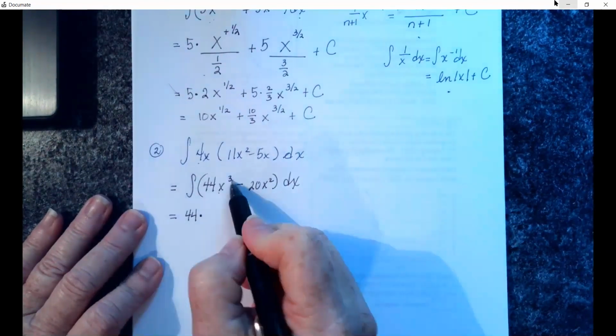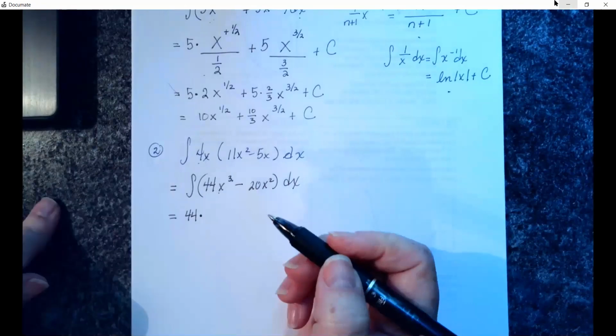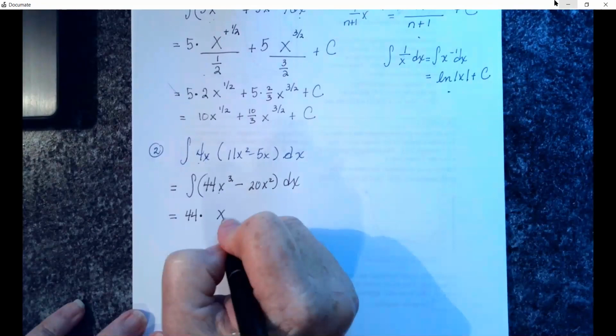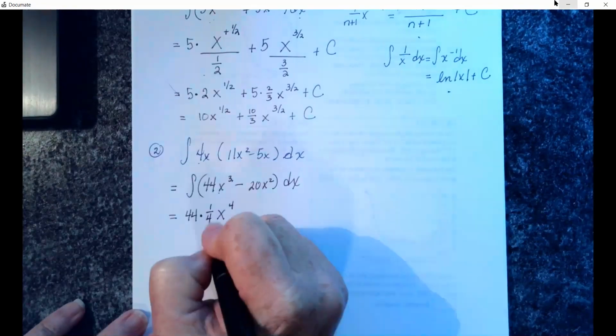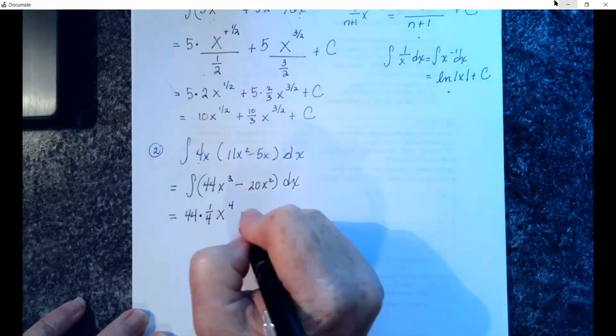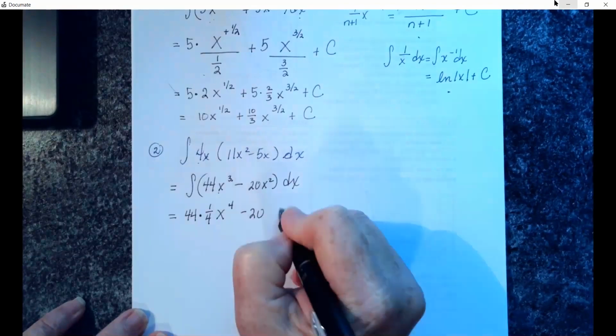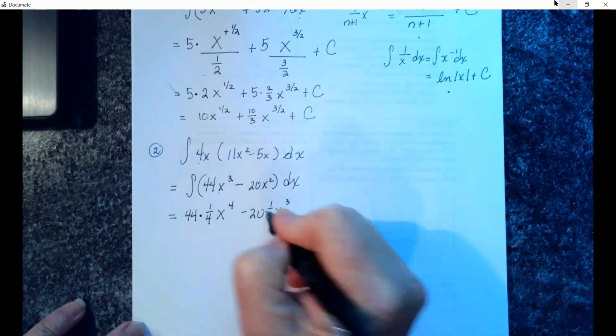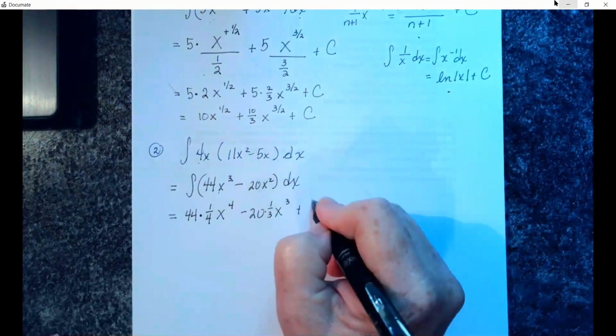Remember, we're going to add one to the exponent and divide by the new exponent. So I will have x to the fourth times 1/4, minus 20 times x cubed times 1/3, and then plus c. Simplifying, 44 times 1/4, I believe, is 11.